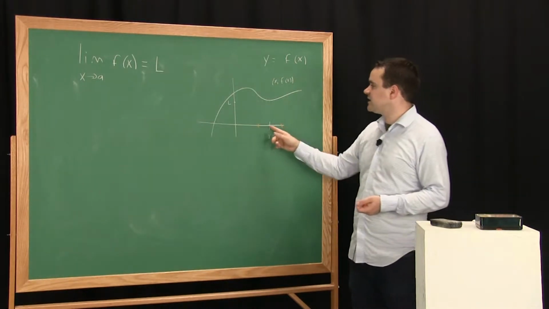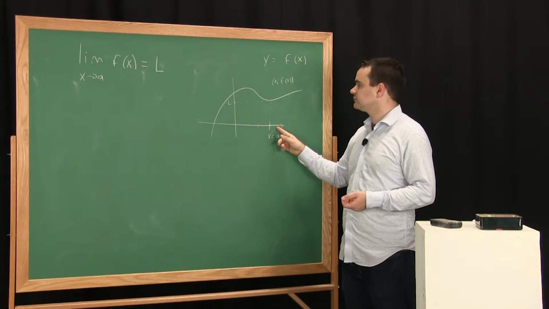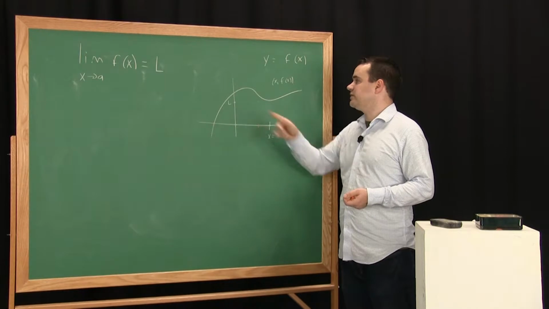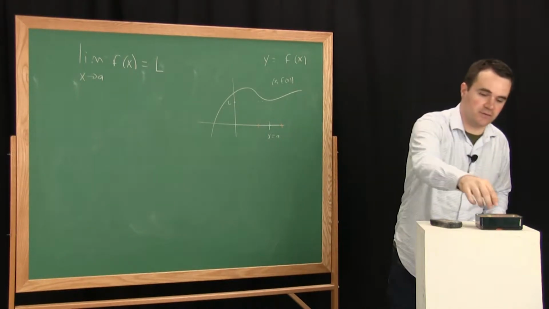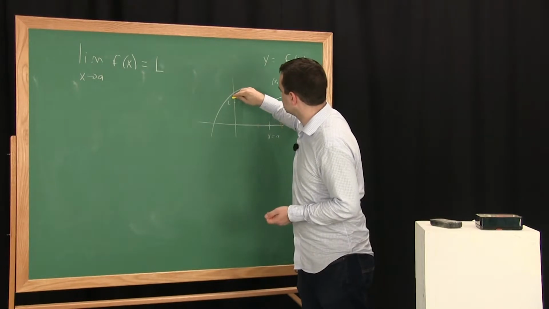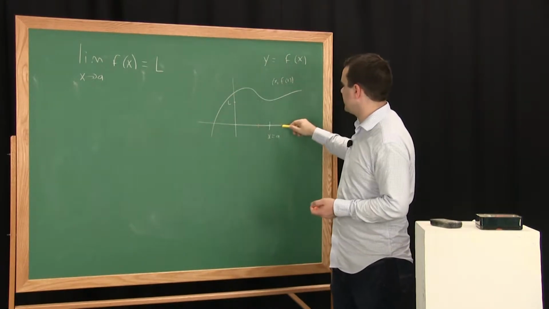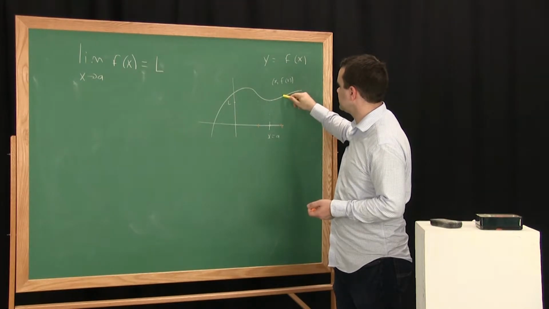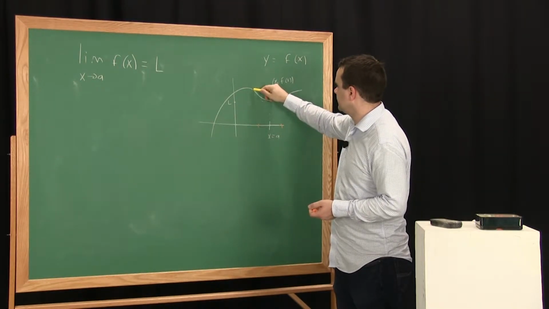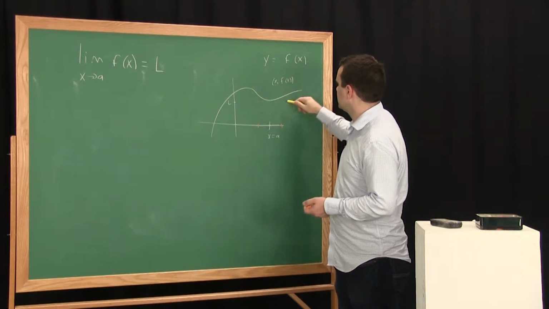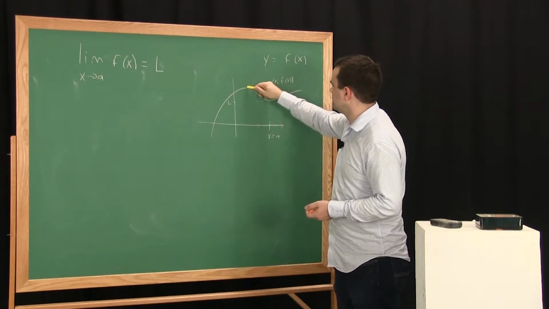If you're in this interval, then the y values also have to be in a corresponding interval that's really close to L. And let's look at what it is on the picture. If you look at this x value, at that point on the graph, what's the range of the y values? Basically, it's going from here to there.